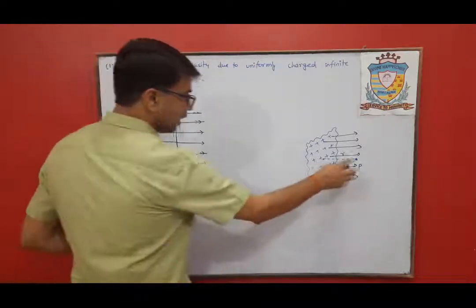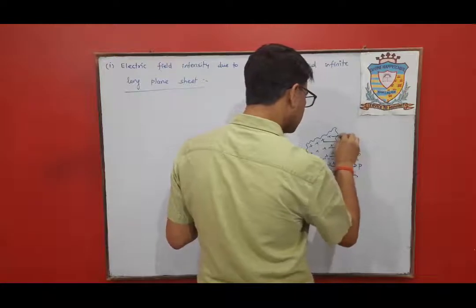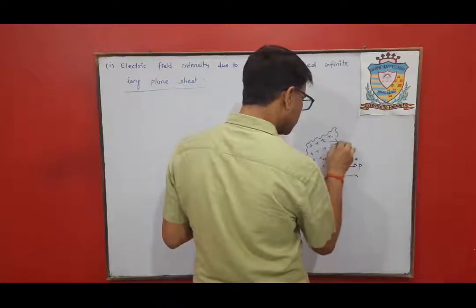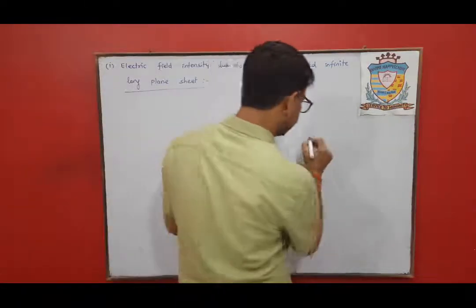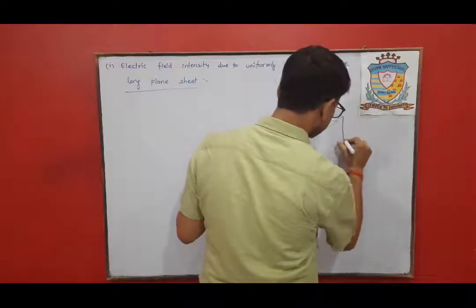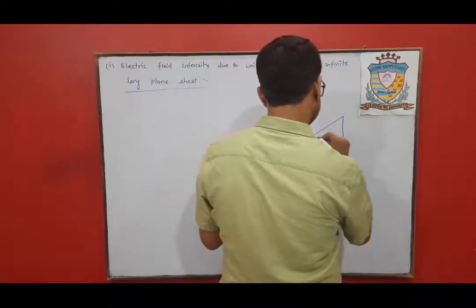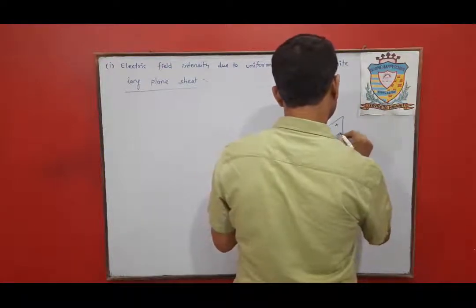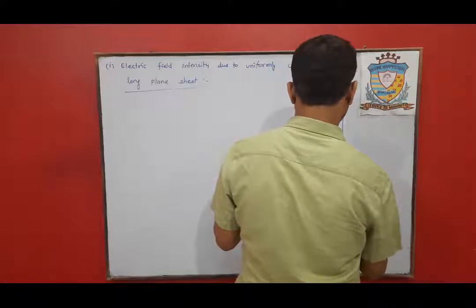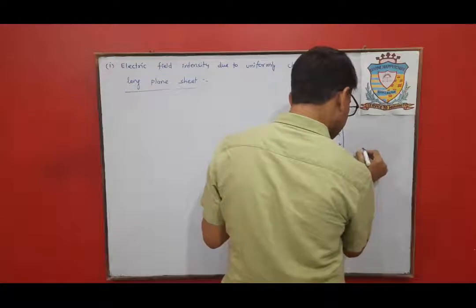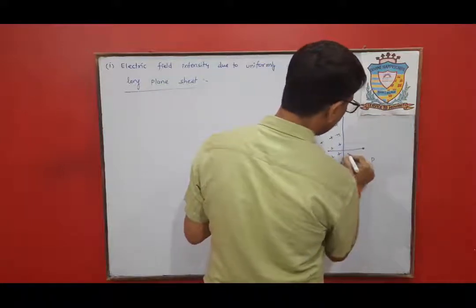Now if we have to consider the electric field intensity at this point, first we will draw the Gaussian surface according to this point, at point P, which is at a distance of r from this plane sheet.